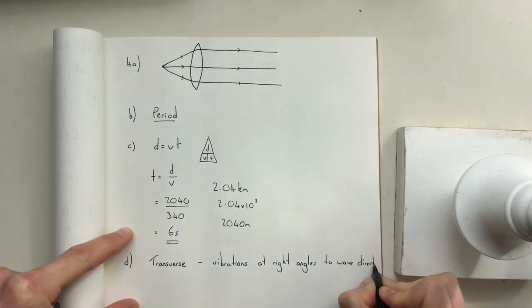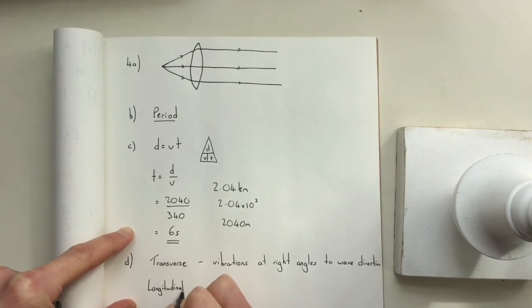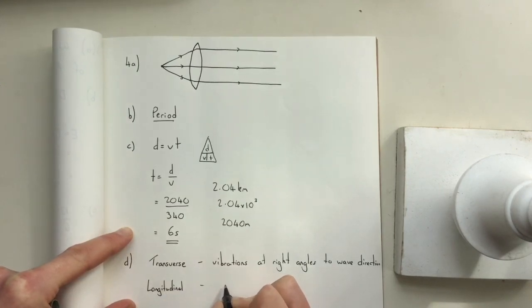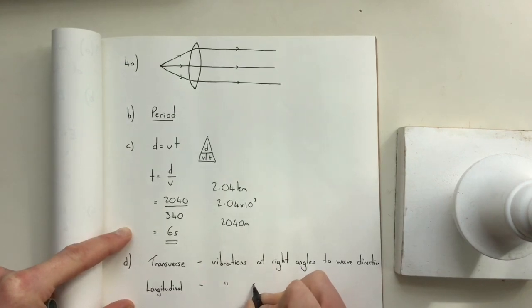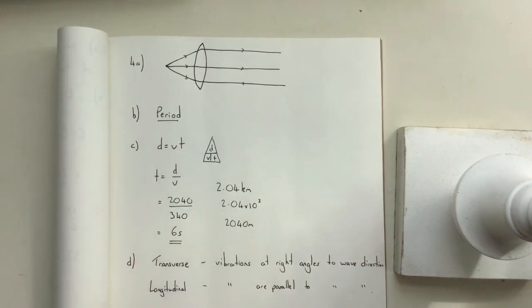Oh, can I fit that in? Oh, I think I can. And then longitudinal, okay, is vibrations are parallel to wave direction. All right, so the difference is right angles for transverse and parallel for longitudinal. Know those definitions, please.